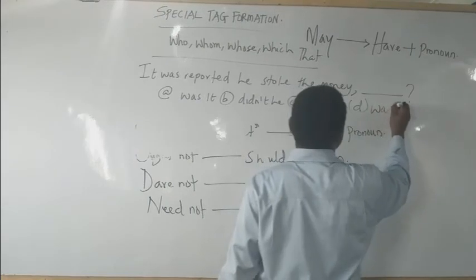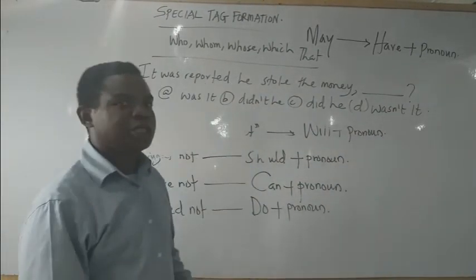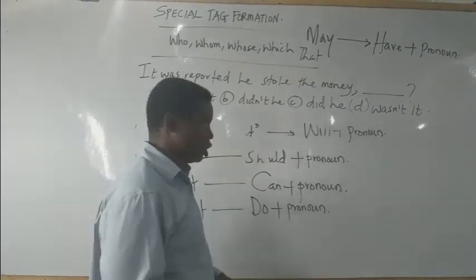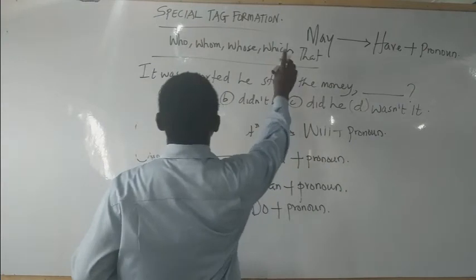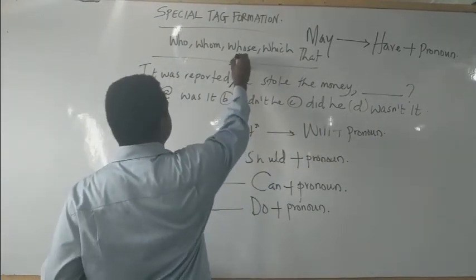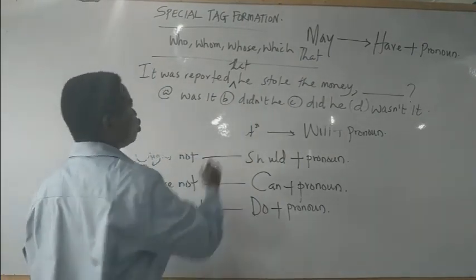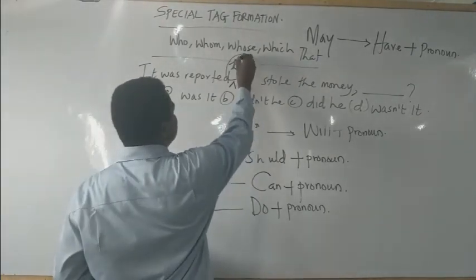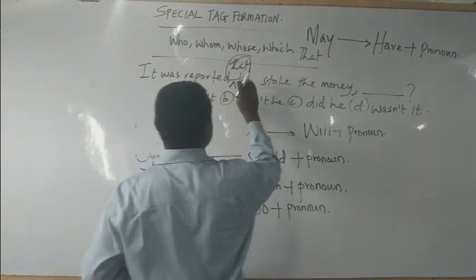D, wasn't it? Look at it. It was reported that he stole the money. So we have that here, separating what two clauses? The first clause, it was reported. Second clause, he stole the money.